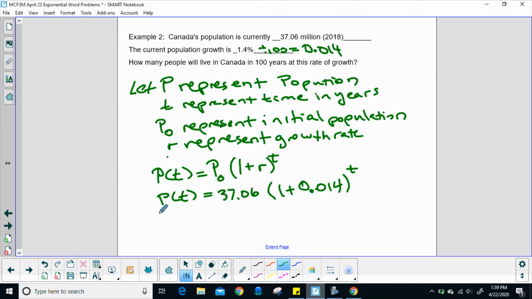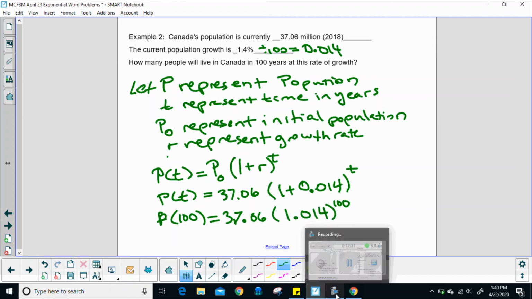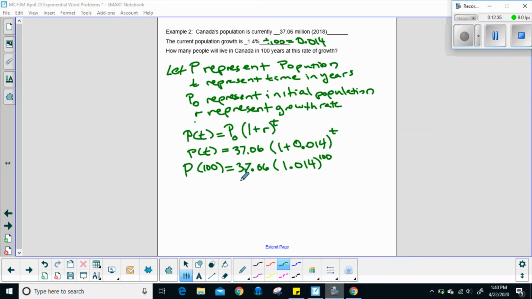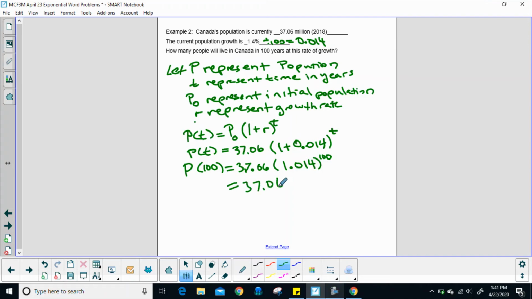And then I want to figure out what it's going to be like in 100 years. So I'm going to make T is equal to 100. 37.06 bracket 1.014 to the exponent 100. Let's calculator it and see what we get. All right, so type in your calculator, I've got 37.06 times 1.014 to the exponent 100.